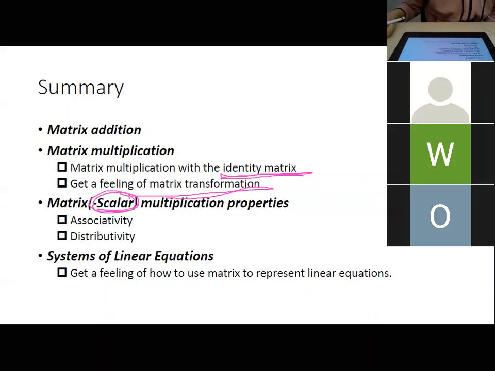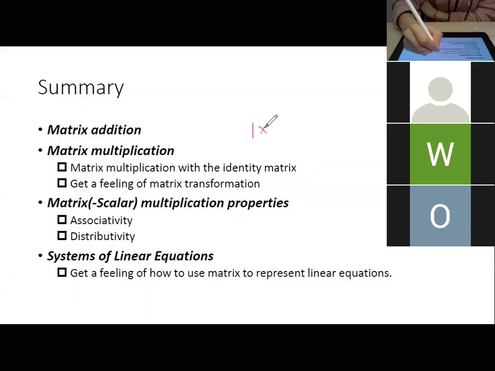Hello, teacher. Hi. You said a scalar is a 1 times 1 matrix. But if we have a 1 times 1 matrix and multiply it by a 3 times 3 matrix, it's not possible. So would you say a scalar is a special type of 1 times 1 matrix? I think you have a good question.